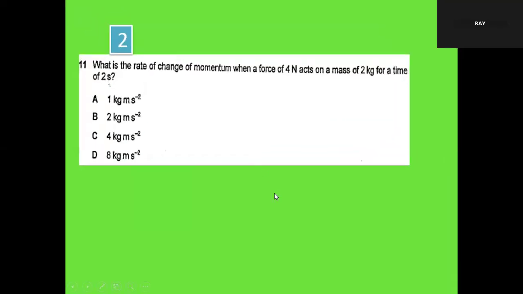This one, read carefully. What is the rate of change of momentum when a force of 4 Newton acts on a mass of 2 kg at a time of 2 seconds? Answer, you should take.